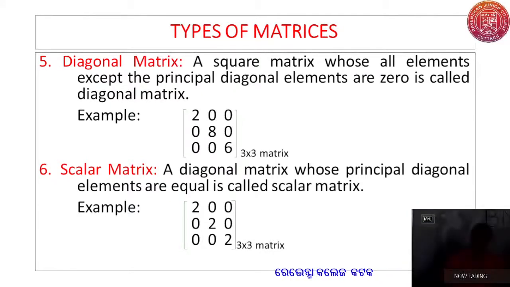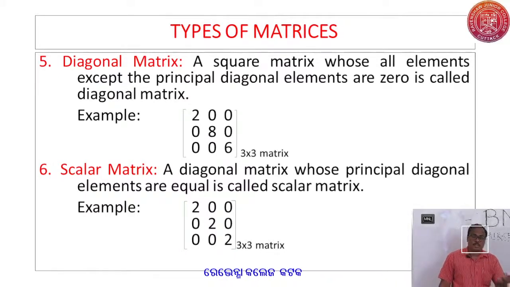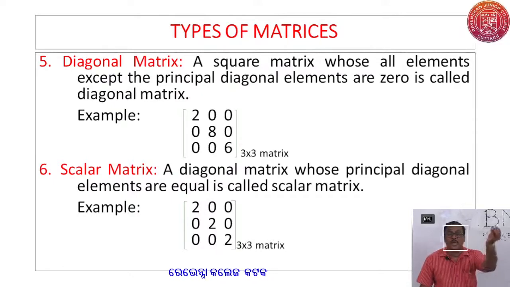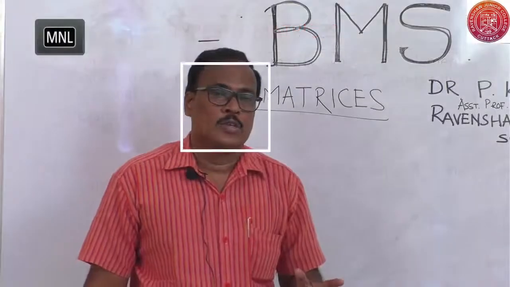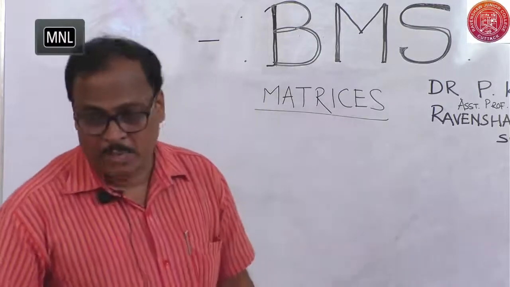This is the first characteristic, and the second characteristic is that all the diagonal elements must be equal. So this is about the diagonal matrix and scalar matrix.